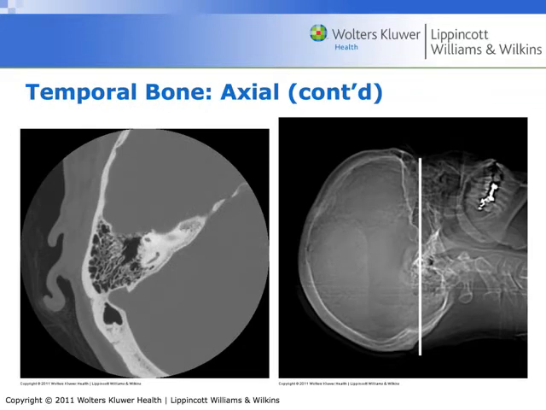Alright, continuing on in the axial images. Clearly we can see the temporal bones, or the mastoid air cells of the temporal bone. This is the patient's right side. Temporal lobe, of course.